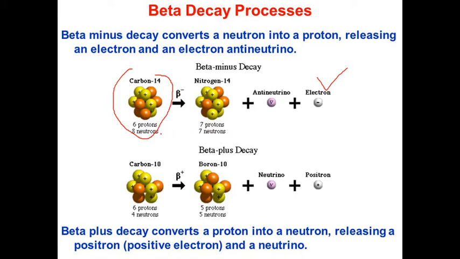So here it's nothing but a conversion of neutron into proton. One neutron is getting converted into proton here, and obviously it is emitted, and it goes without saying that there is an antineutrino which is also emitted.